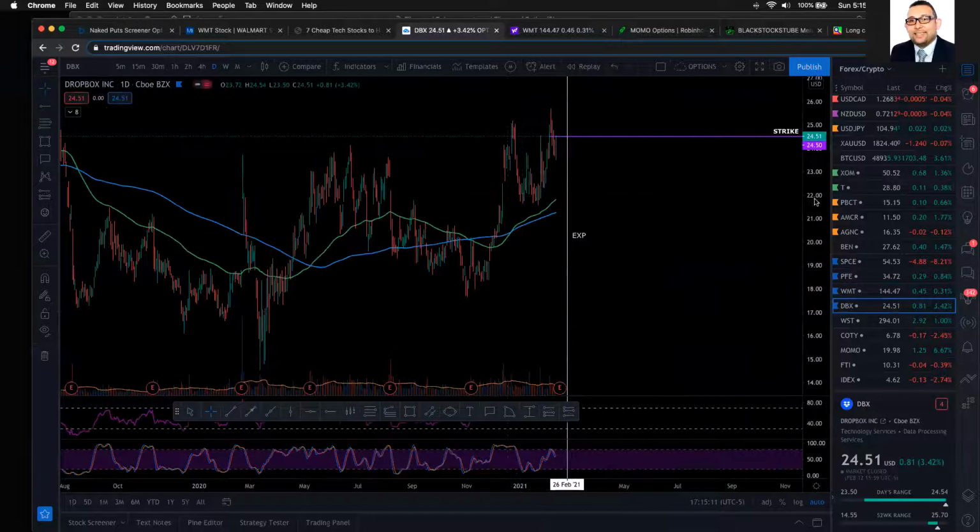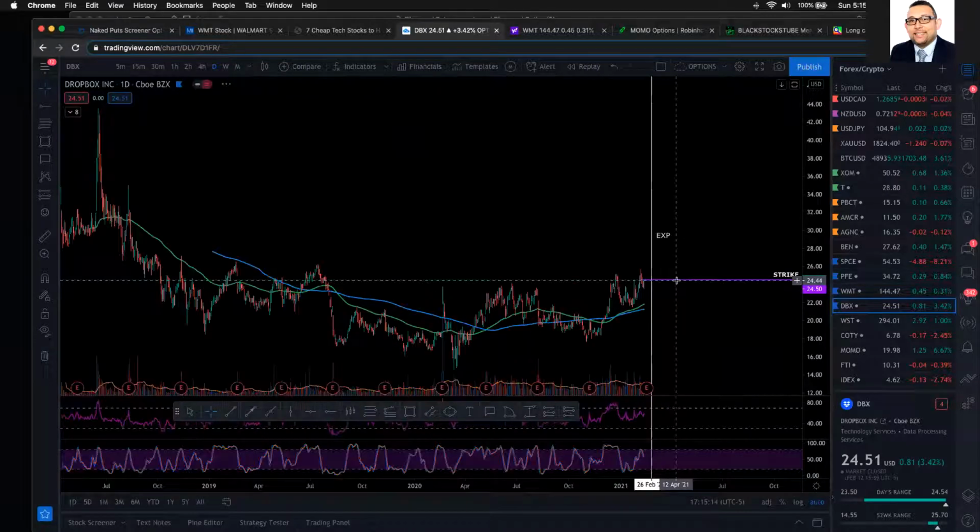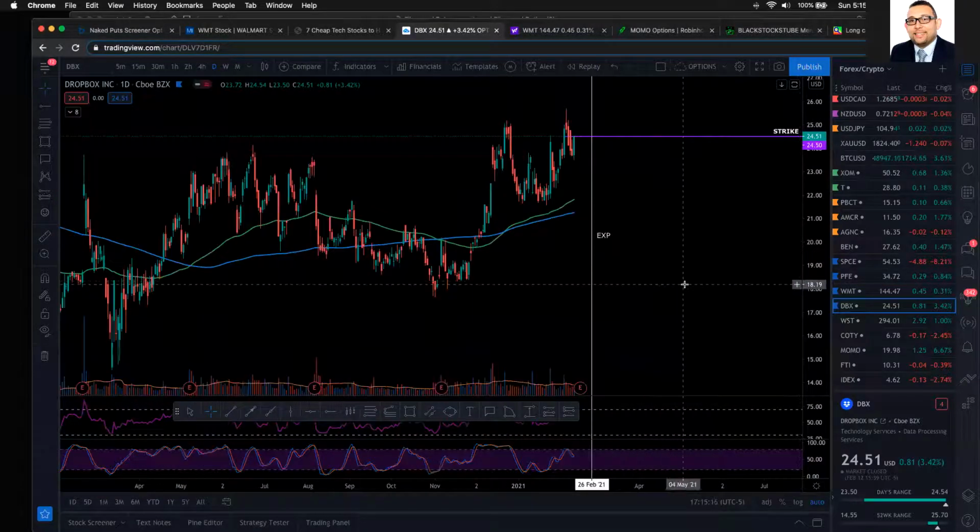Hey, Mills, why not put the expiration date further out instead of less than 2 weeks? I mean, you can. You're just going to pay more money. The longer your expiration date is, the more money you're going to spend, because there's more value in the contract according to how long the expiration date is.